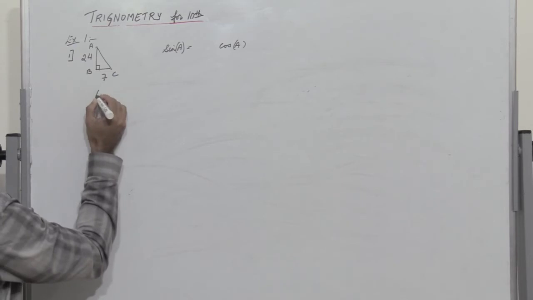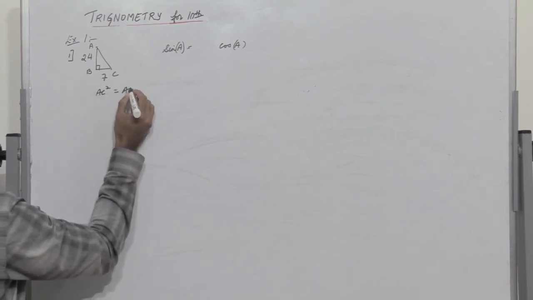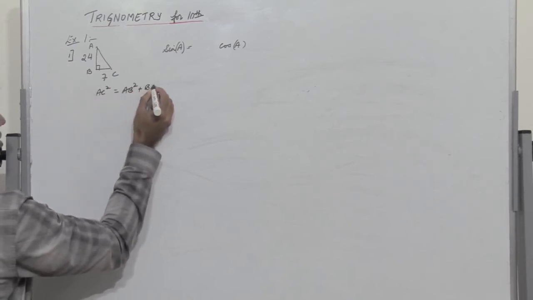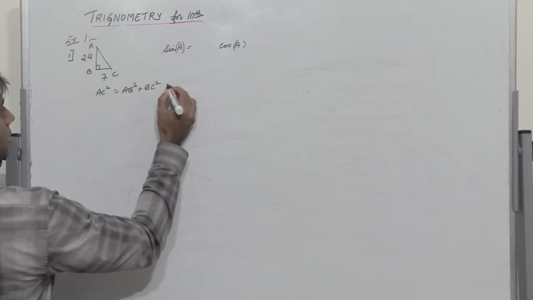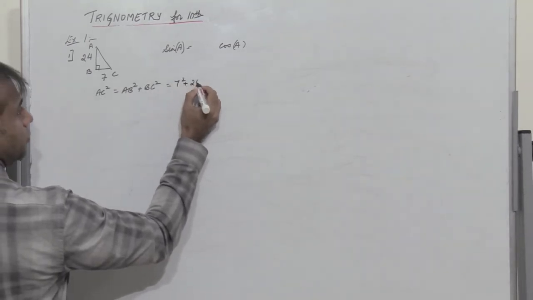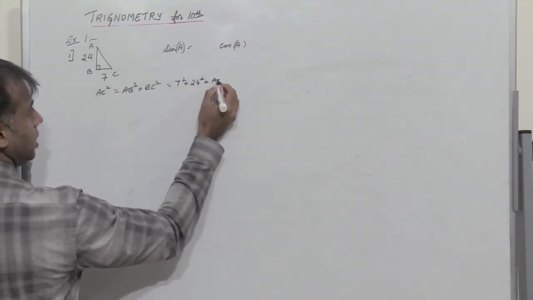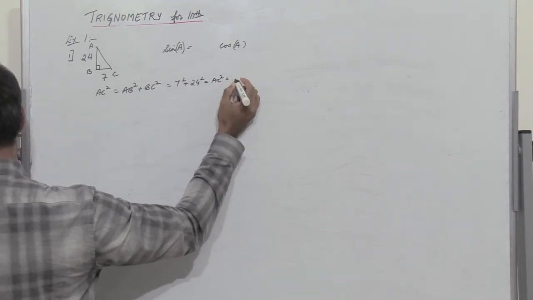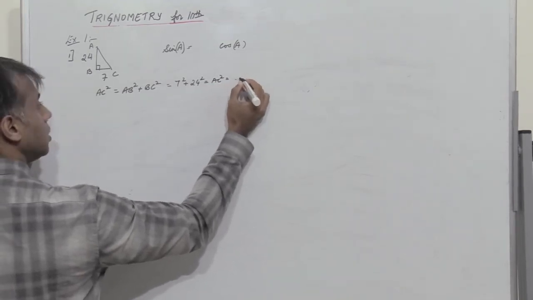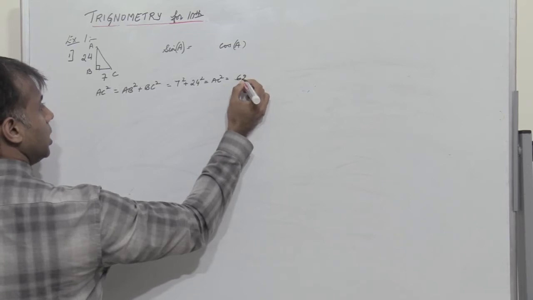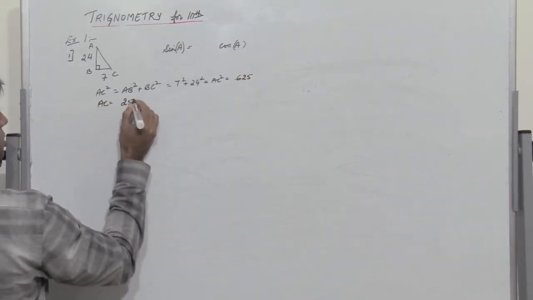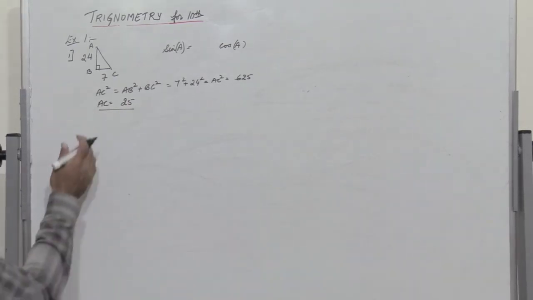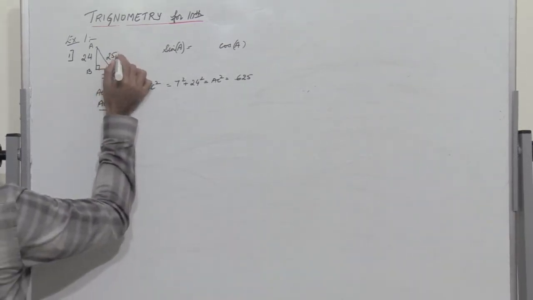We know that AC square is AB square plus BC square. It is better to remember the pairs. So 7 square plus 24 square is AC square. If you find the value, you get 625, so AC is root 625, which is 25. So AC, the hypotenuse, is 25 centimeters.